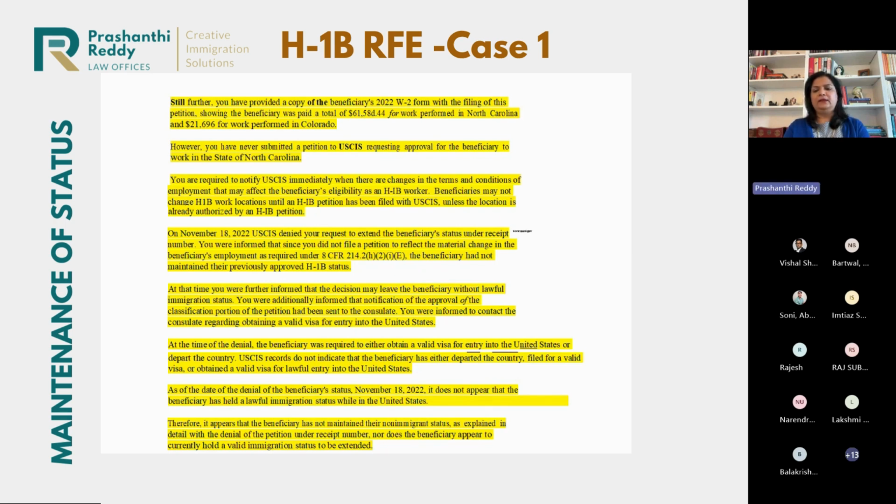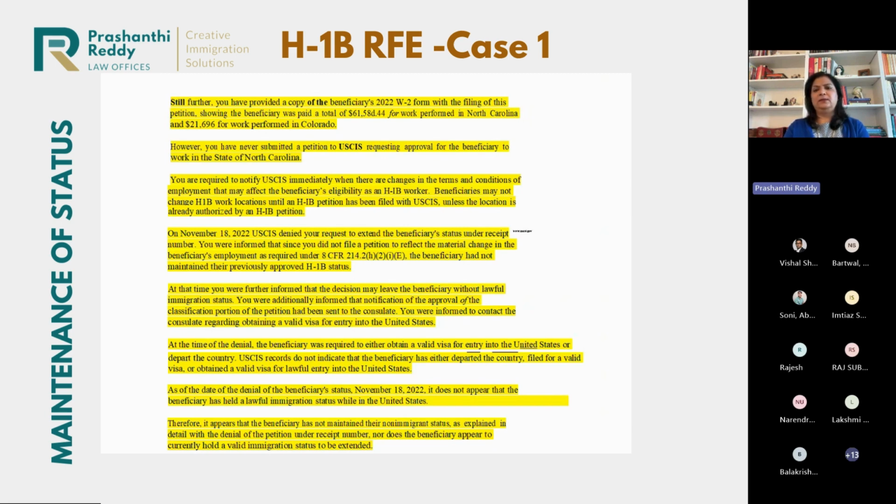Having said all that, they did send a denial, and though they accepted a few things that we have said, on the whole, obviously the beneficiary did not maintain status, did not explain properly with reference to what had actually happened, and by the time we explained, it was too late.